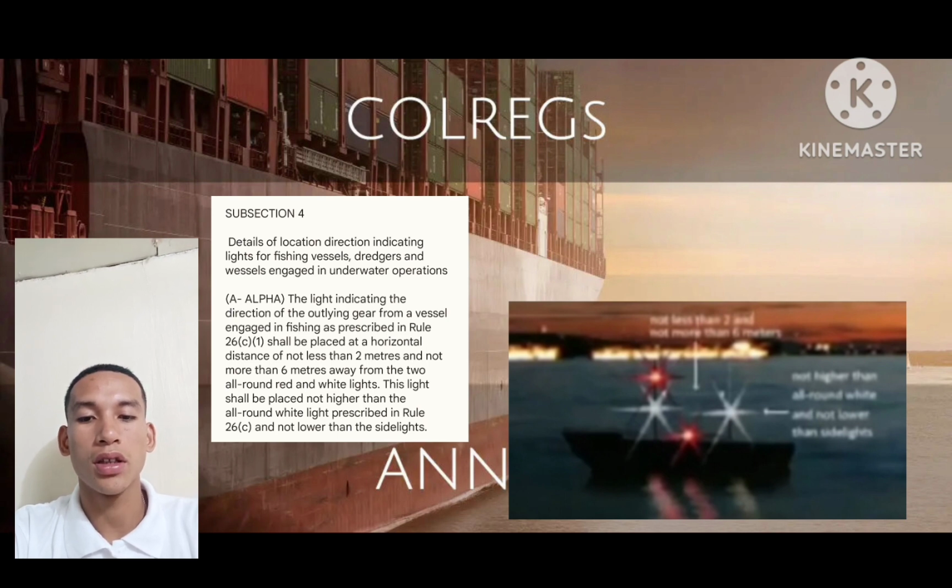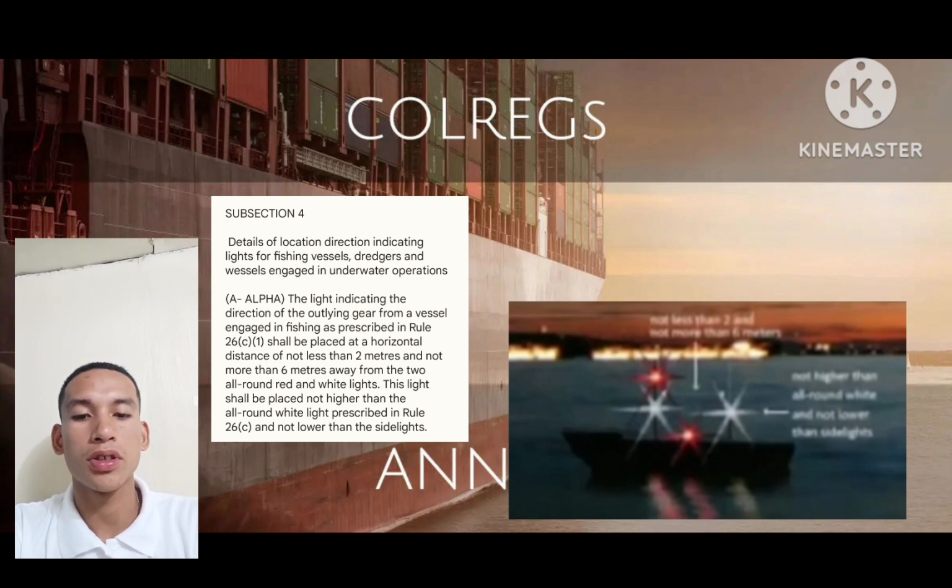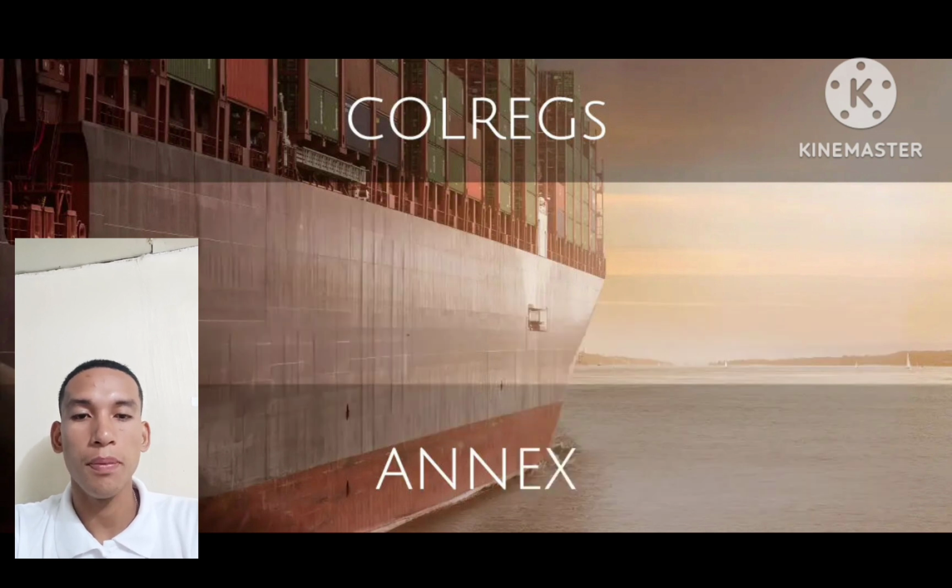The light indicating the direction of the outlying gear from a vessel engaged in fishing, as prescribed in Rule 26(c), shall be placed at a horizontal distance of not less than 2 meters and not more than 6 meters away from the two all-around red and white lights. These lights shall be placed not higher than the all-around white lights prescribed in Rule 26(c) and not lower than the side lights.